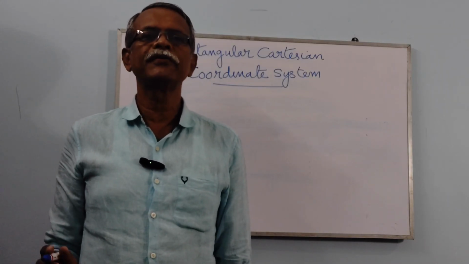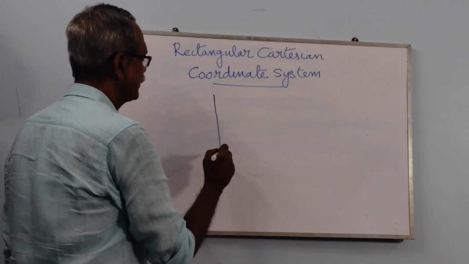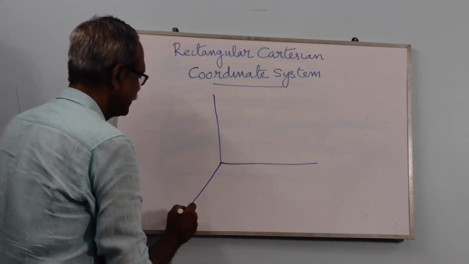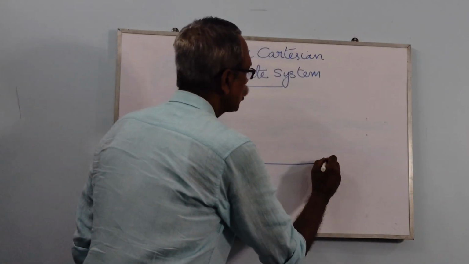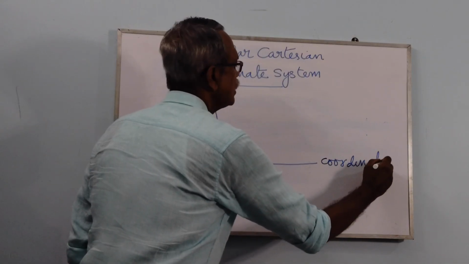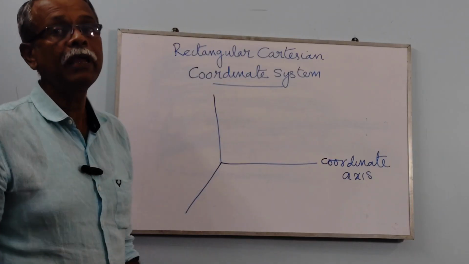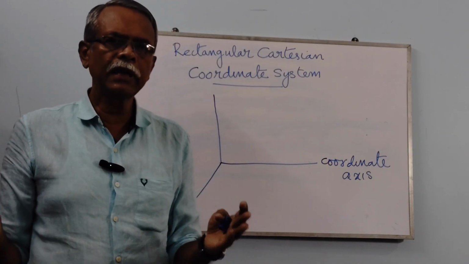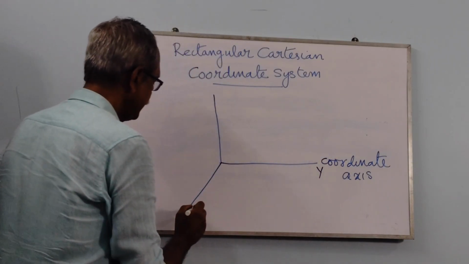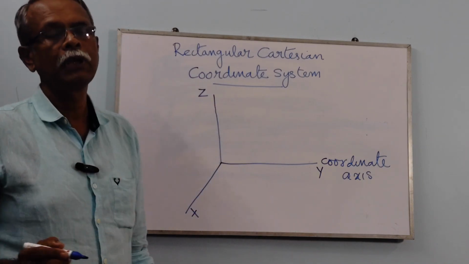Rectangular Cartesian coordinate system means we have three lines, one line like this, another line like this, and a third line like this. These lines are called coordinate axes. Conventionally, in representing three coordinate systems, we take this as y, this as x, and this as z.